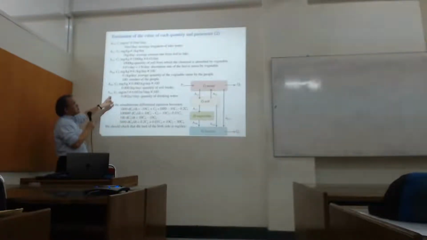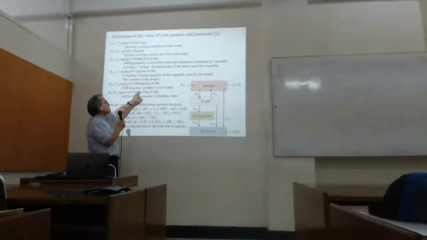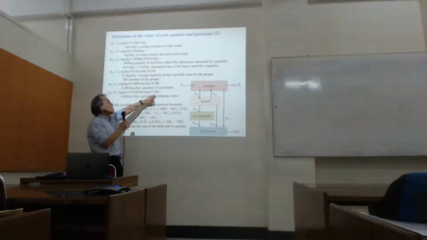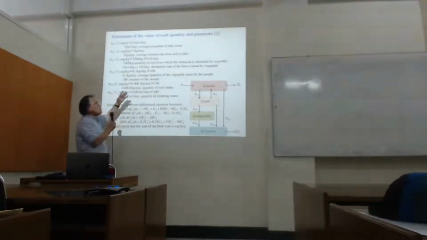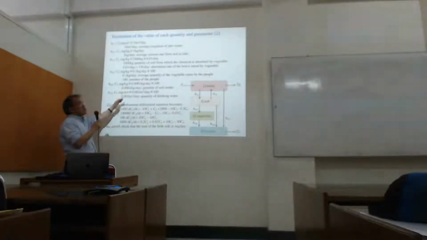And A14 is also from water to human. So concentration in the water times the average volume of drinking water times 100%. This is the total amount of the movement from compartment 1 to compartment 4.